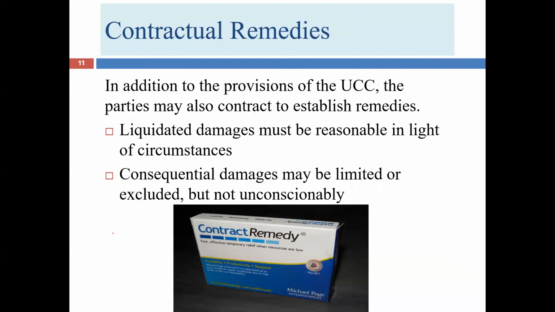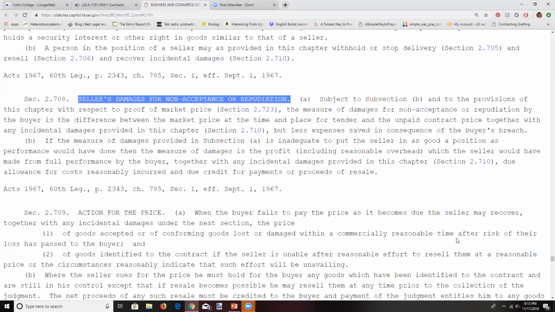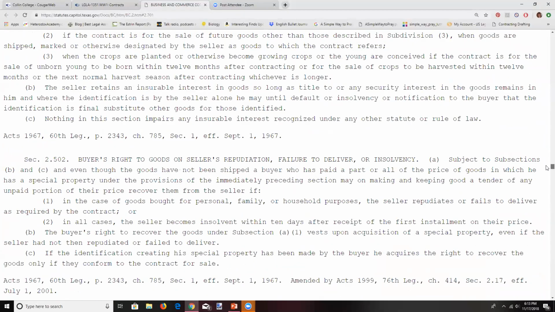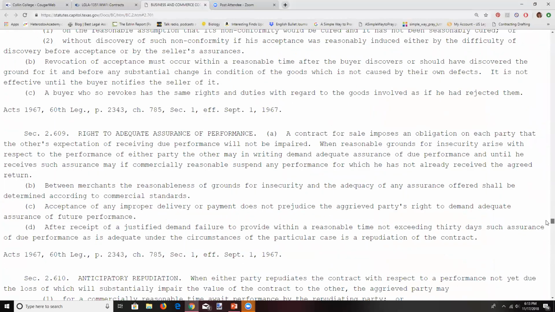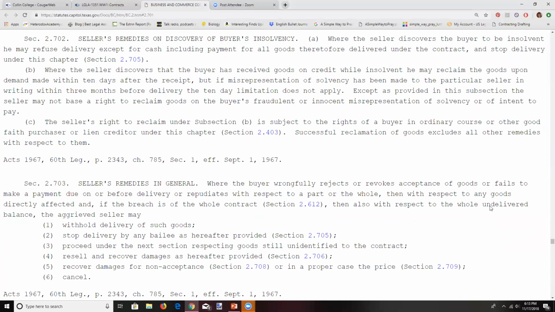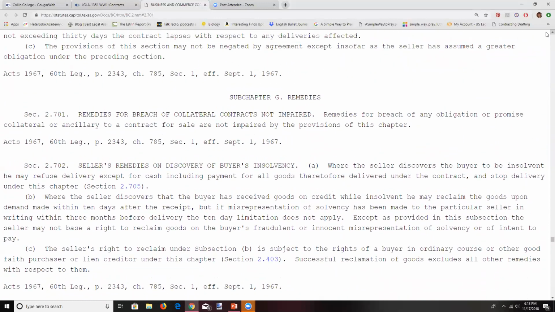What we've been talking about at this point has been what the UCC establishes as the default rule, how we're going to solve these problems when the contract itself does not specify what should happen. But the UCC actually does say, here, it's in 701.